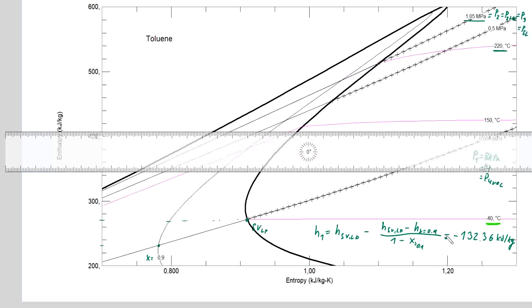Now you can see that the value is negative, but it is just the result of the reference point for the calculations in here. It does not actually matter for us, because what matters is always the difference in enthalpies.